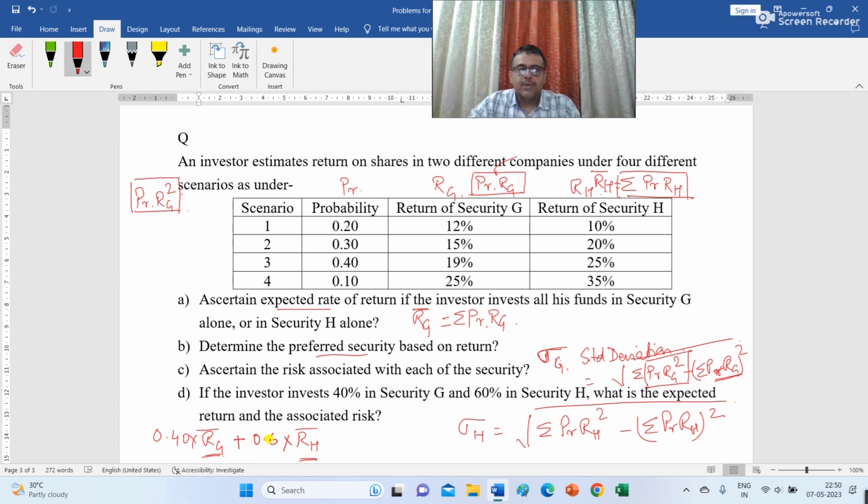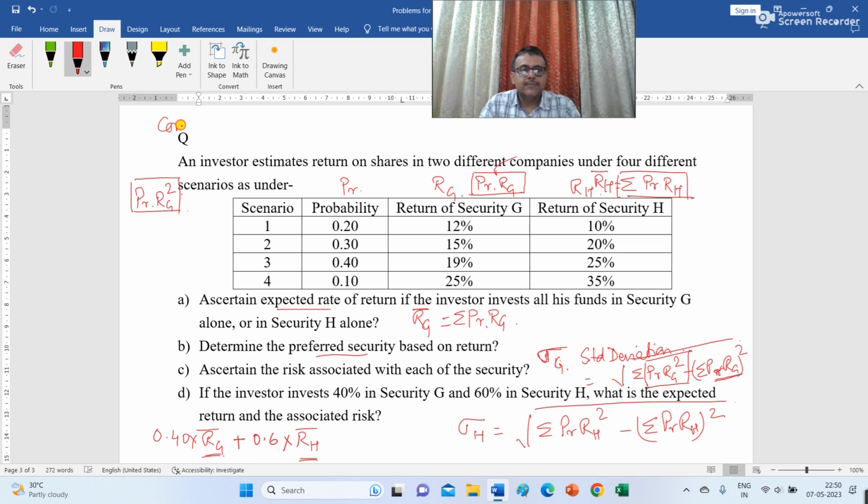And how to compute the combined risk? So in order to find out the combined risk, you need to use a formula. So combined risk, here I am writing for your understanding, and then while doing the solution, we will calculate.